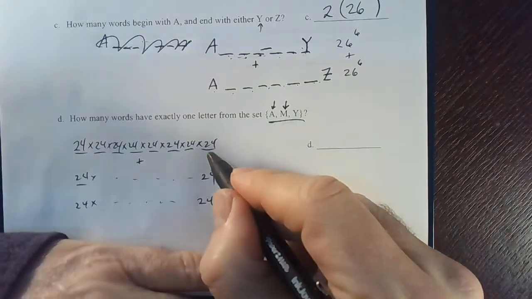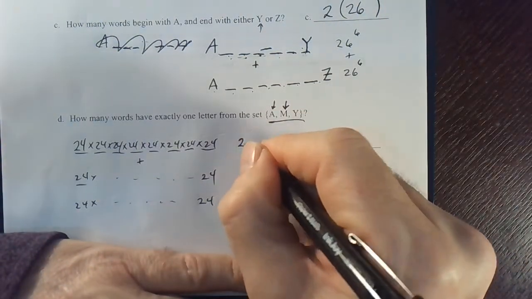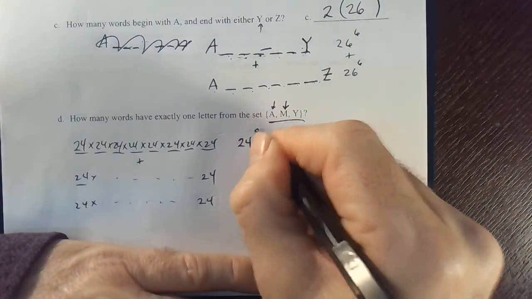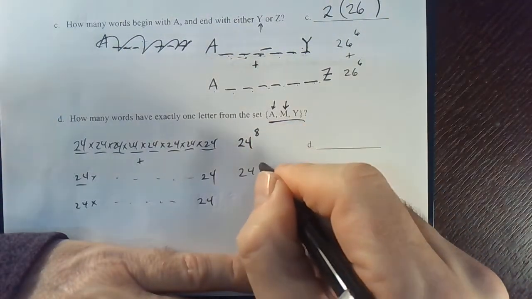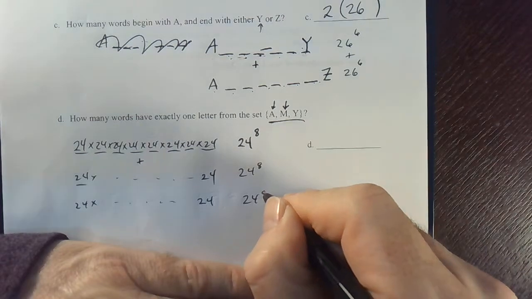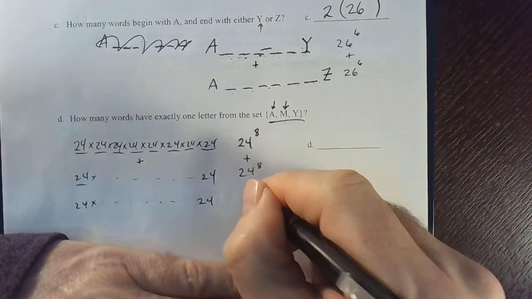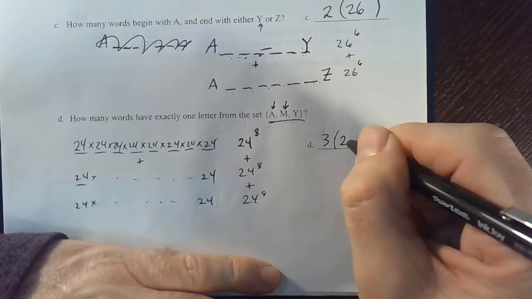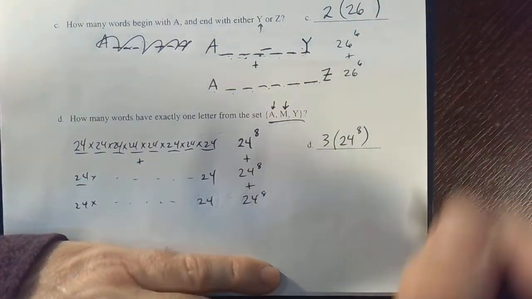So this would be 24 choices to the 8th power. That would be 24 to the 8th, and that would be 24 to the 8th, and you simply add them together. 3 times 24 to the 8th power.